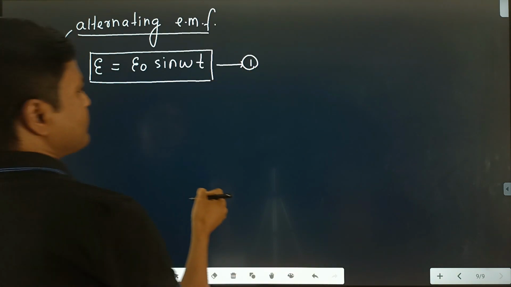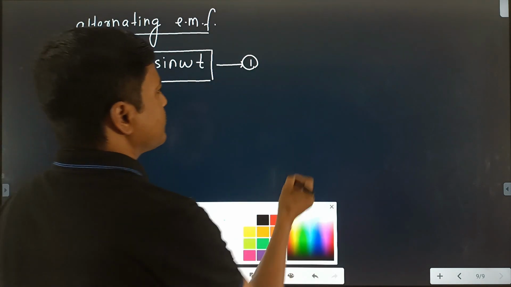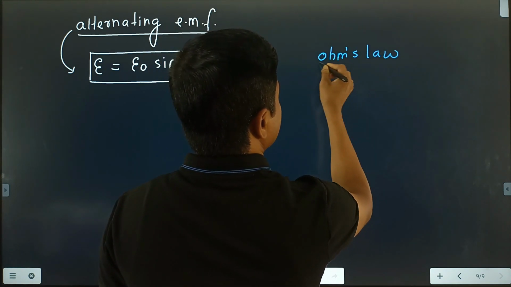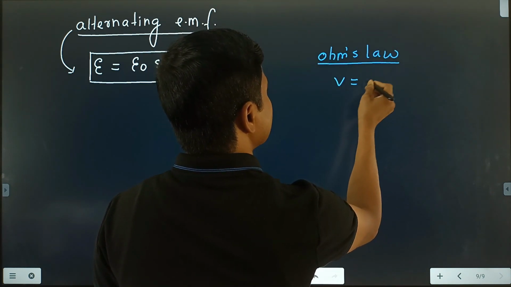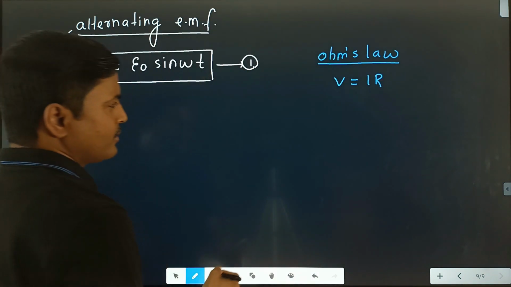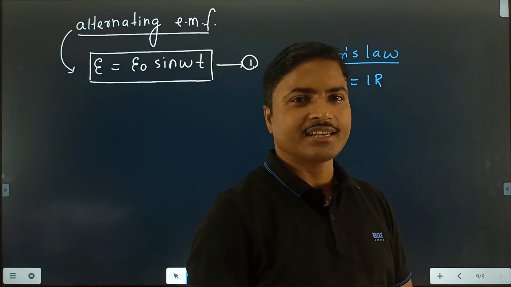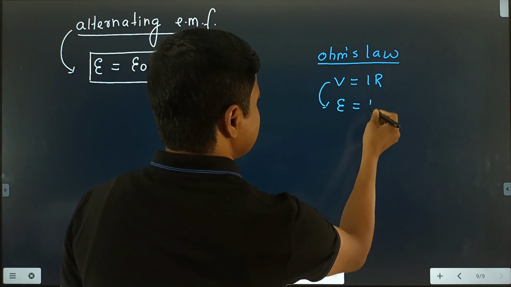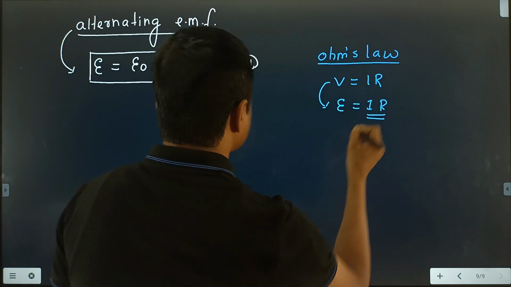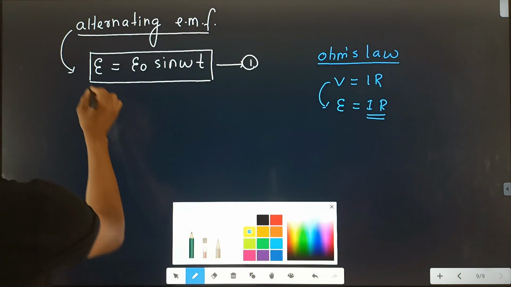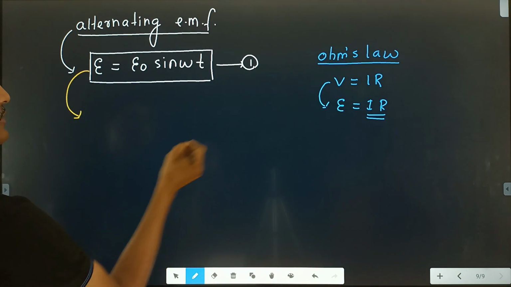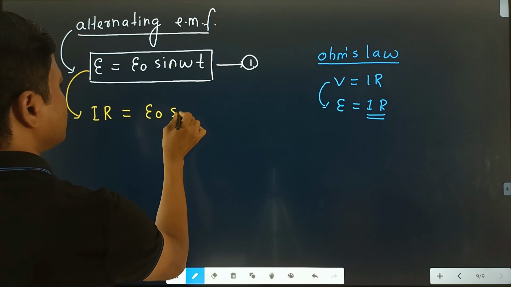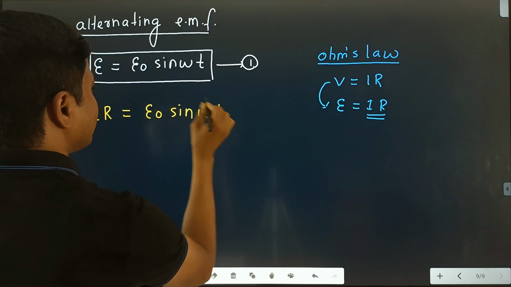Similarly, for the equation for current, we know Ohm's law, that is V is equal to I multiplied by R. V is the potential difference, and in this case, in place of V we write the EMF E, so E is equal to I multiplied by R. So in place of E we write I multiplied by R is equal to E0 into sine omega t.